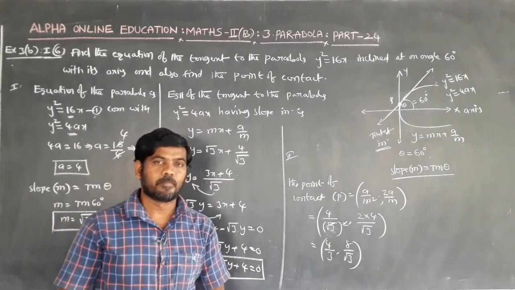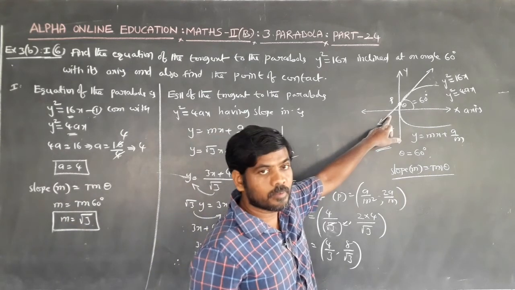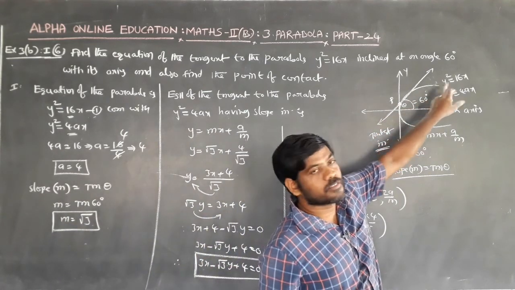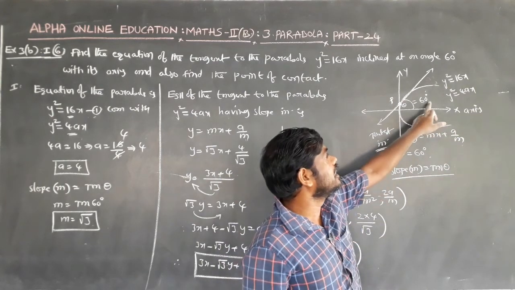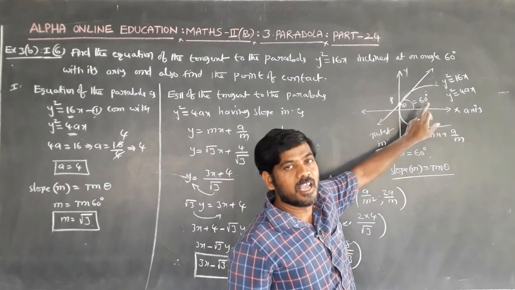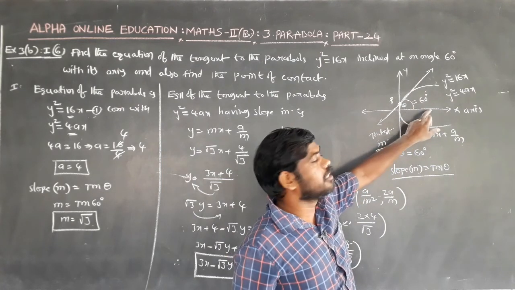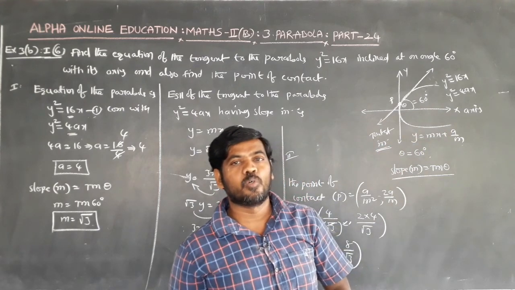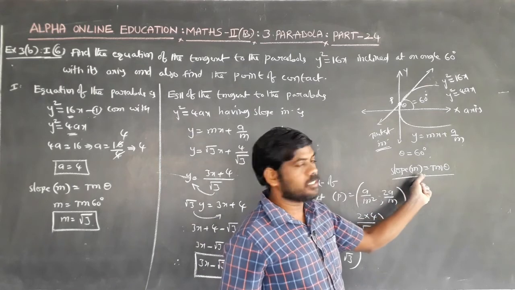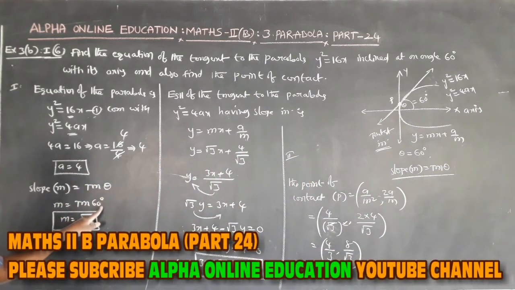This is the process. Here find the equation of the tangent to the parabola y square is equal to 16x that makes an angle 60 degrees with its axis. Axis is the x-axis. A line makes an angle theta with the positive x-axis, so first of all we find the slope of the line. Slope m is equal to tan theta, which means tan 60 degrees. m is equal to root 3.